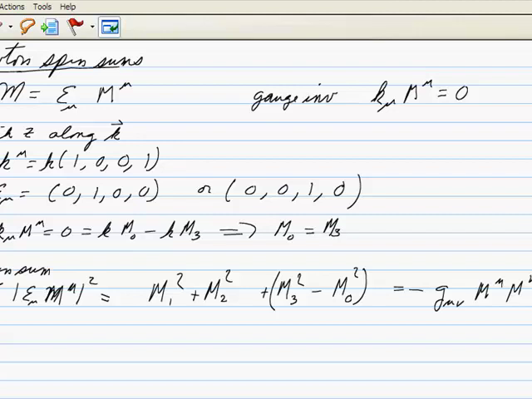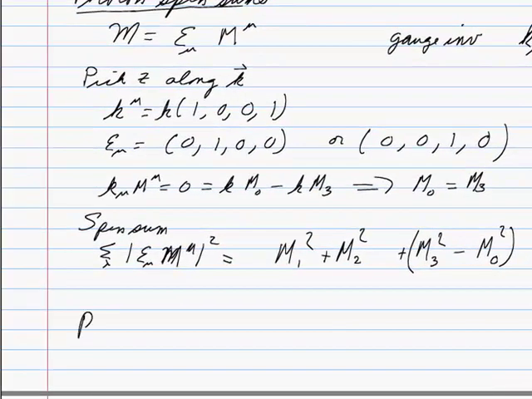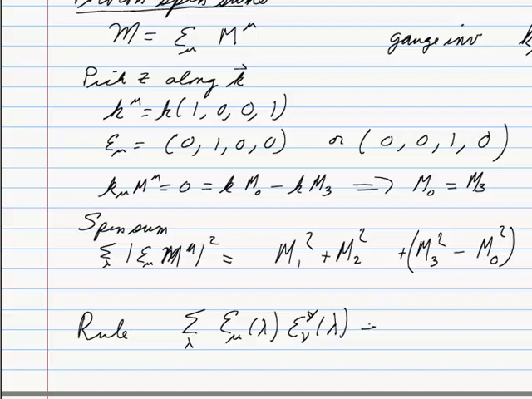This guy looks non-covariant, but by using gauge invariance, you can make it covariant. And so the rule becomes, even though only the transverse degrees of freedom count, the sum of epsilon mu of lambda epsilon star nu of lambda equals minus g mu nu.